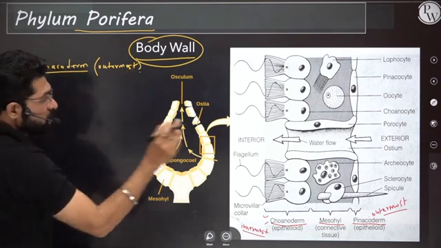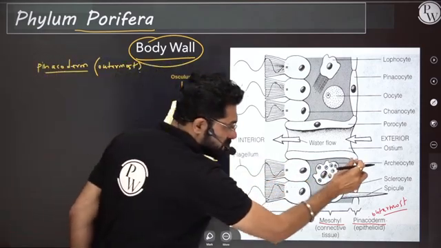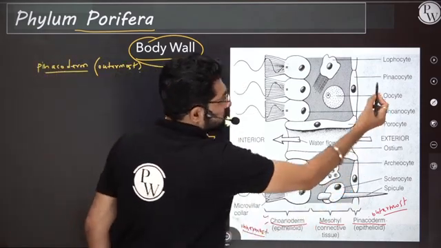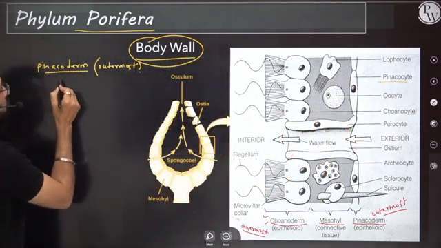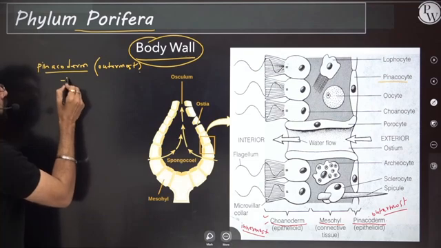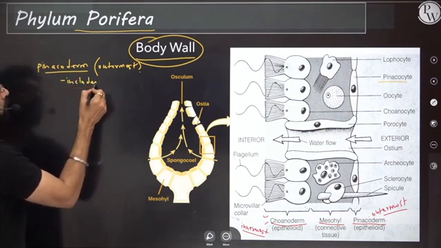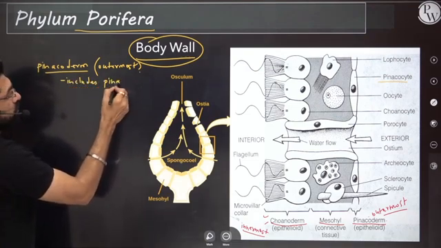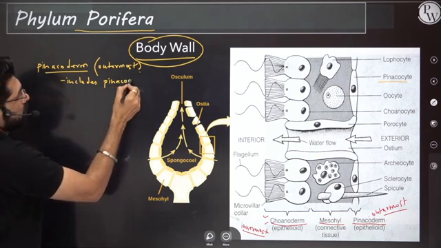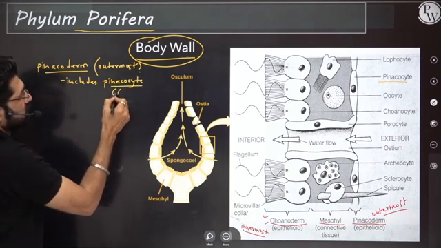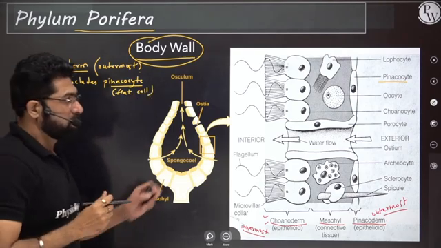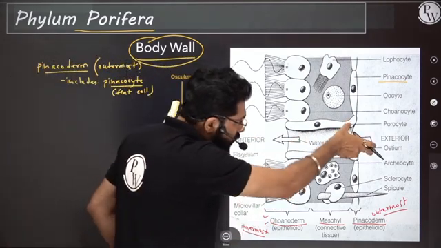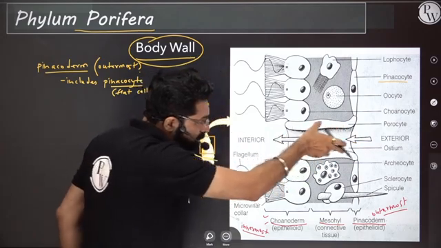So what does it include? You can see there are cells like pinacocytes. This is a cell called a pinacocyte. These are flat cells. Even you can see some porocytes also. A porocyte is a pore-like structure.